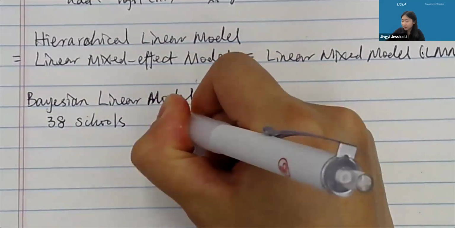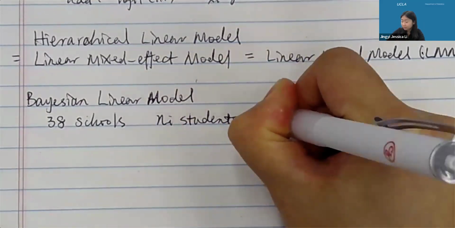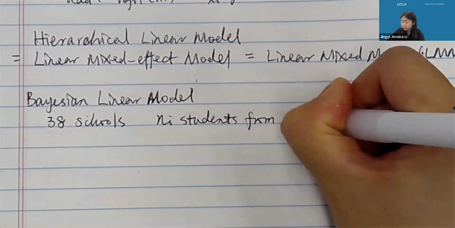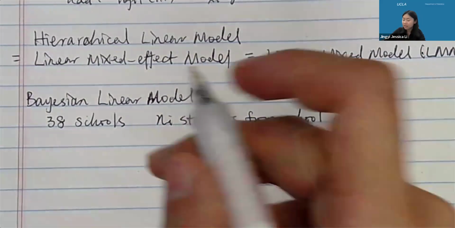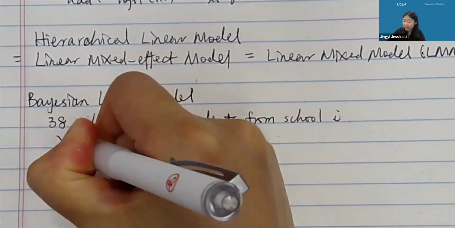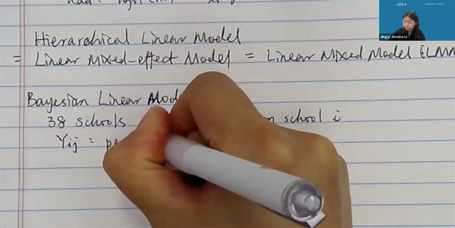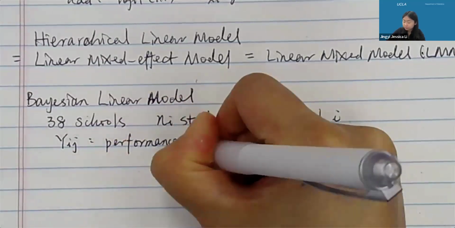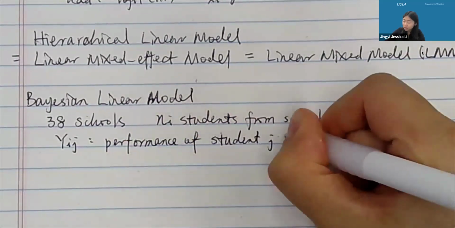So I will say n_i students from school i. I'm interested in the effect of the school on the students' academic performance. So let's say that Y_ij is the performance of student j in school i.